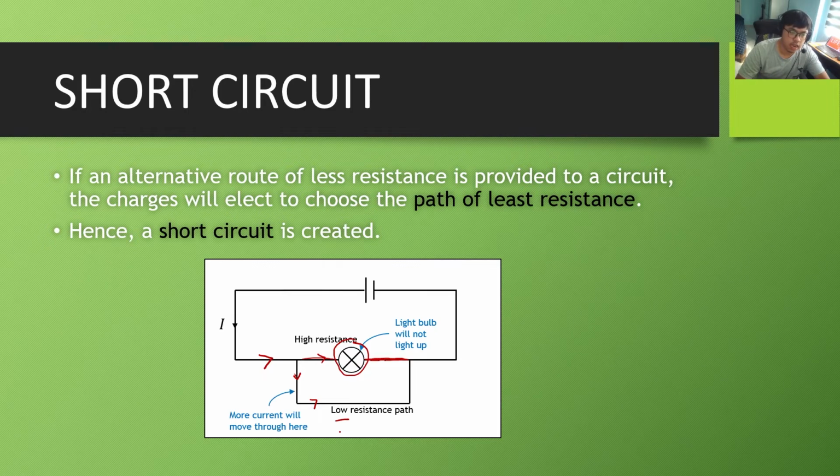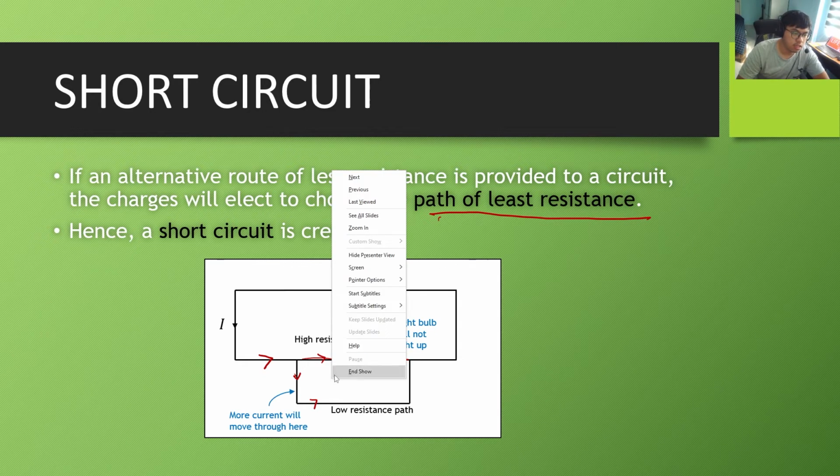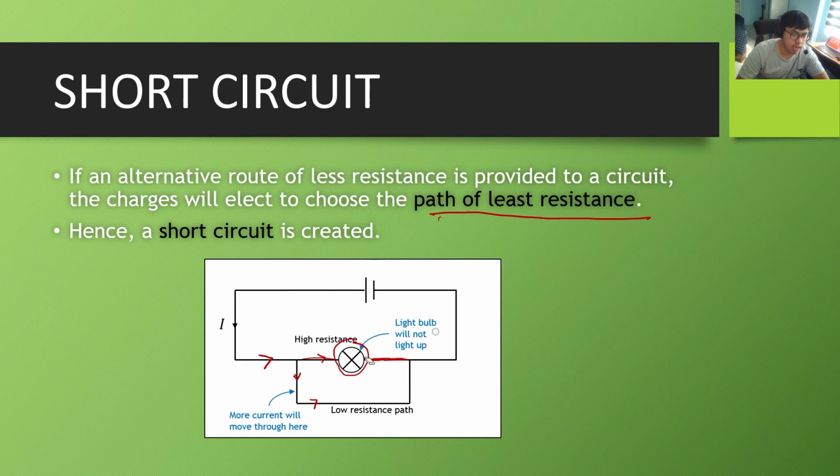So as a charge, which path are you going to use? You are definitely going to use the bottom path, because the bottom path is the path of least resistance. It's very easy for the current to flow. So what the current will do is that most of the current will flow through the new path and bypass the light bulb. So they won't go through the path that is meant for them to go through.